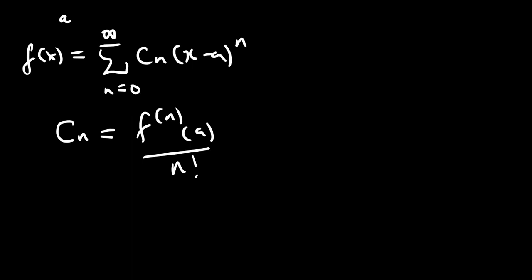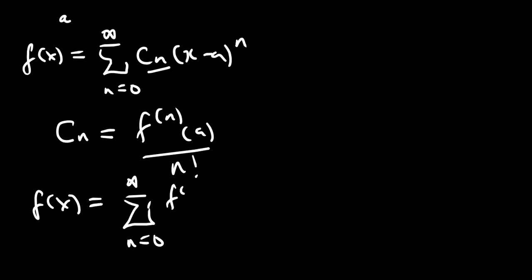Then it means that the Taylor series in general is f of x equal to the summation. In this power series, where we have cn, we can replace it with what we found. Then the nth derivative of f at a over n factorial is multiplied by (x minus a) to the power n.